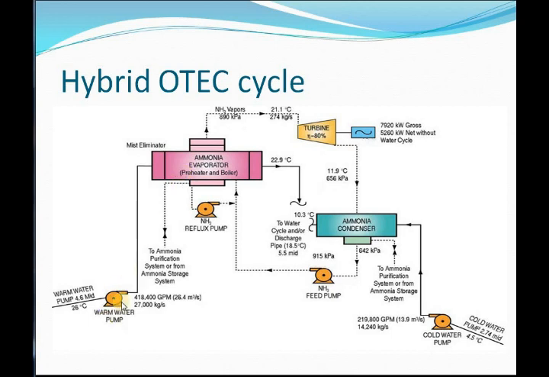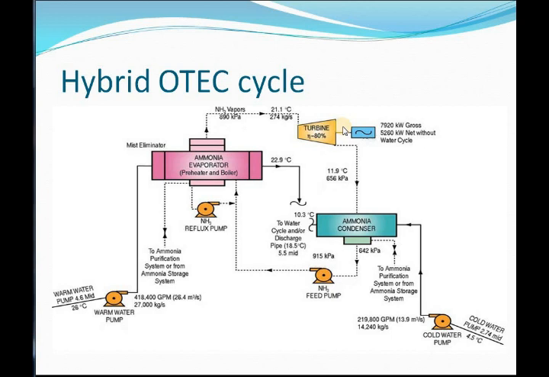evaporator. So now if we see the different parts of it, we will have a warm water pump which is pumping the water from the upper surface of the ocean or the sea, and then we will have an ammonia evaporator wherein your second working fluid will be evaporated and utilized. The next part will be your turbine, which will be used for the generation of electricity.